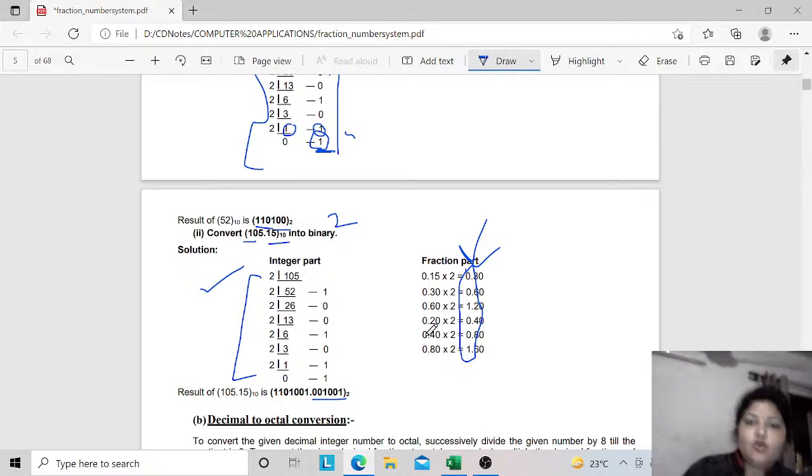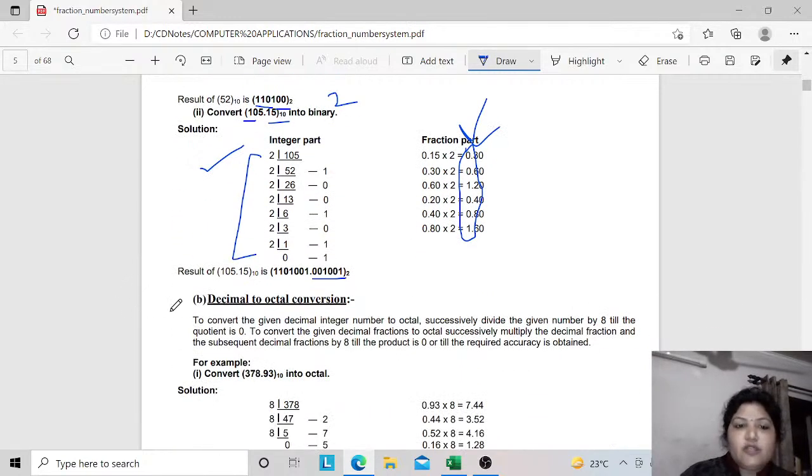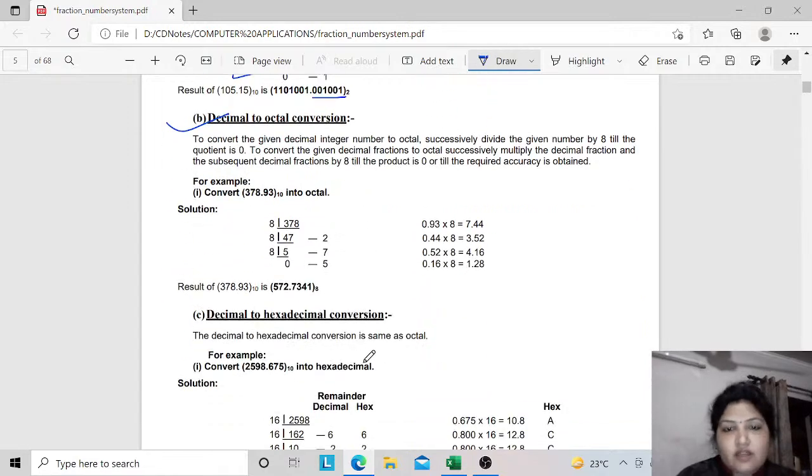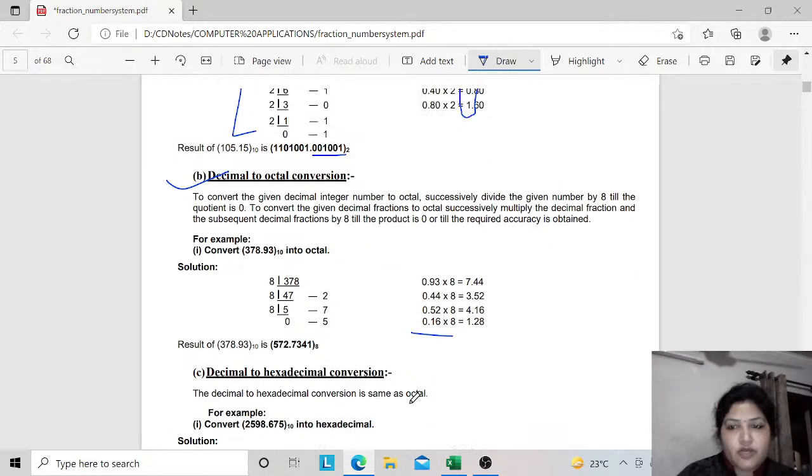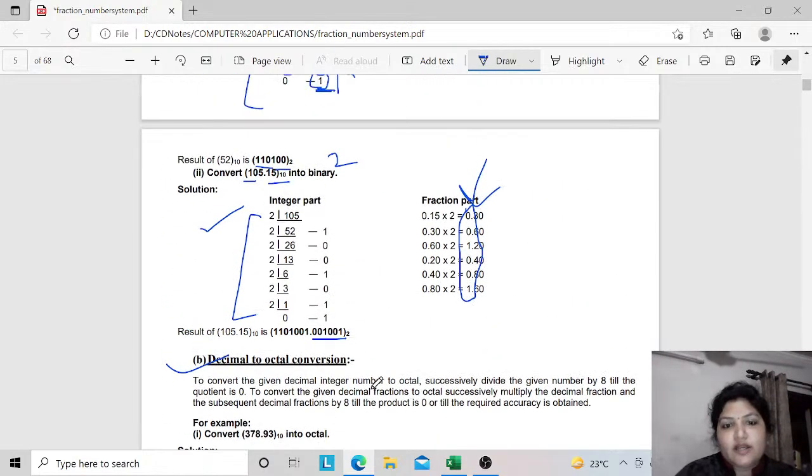I hope you have understood what we have covered today. In the coming sessions I will tell you about the remaining ones, how we convert the decimal part into octal, and if it is a fraction part. Hope you understand how we convert it and how number systems use the base, and the base plays an important part.